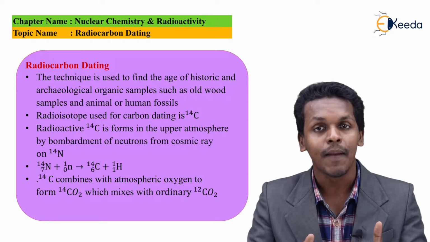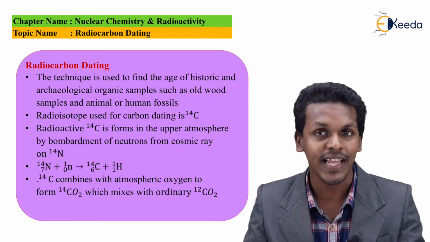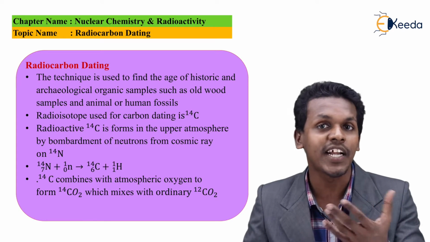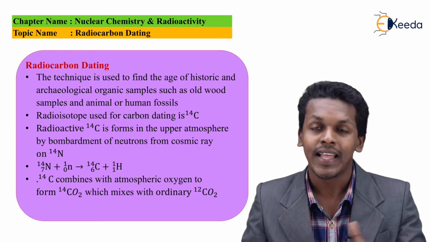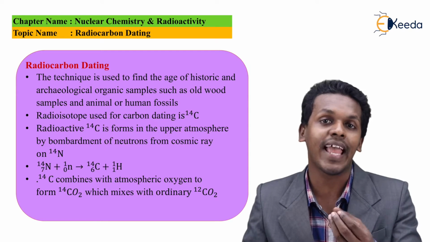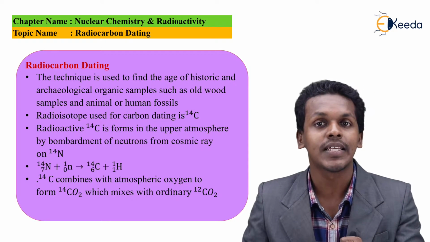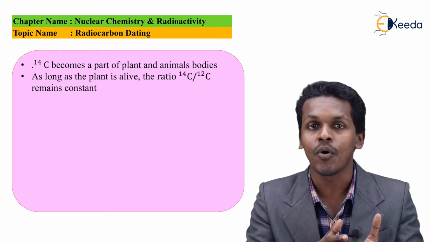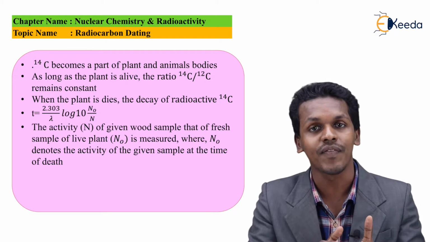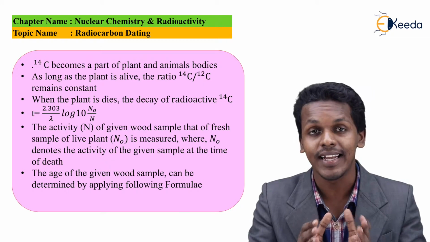This mixture of carbon 12 and carbon 14 is absorbed by the plants, and these plants are eaten by herbivorous animals. The ratio of carbon 14 to carbon 12 remains constant as long as the organism is alive.